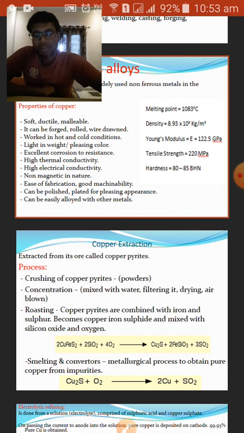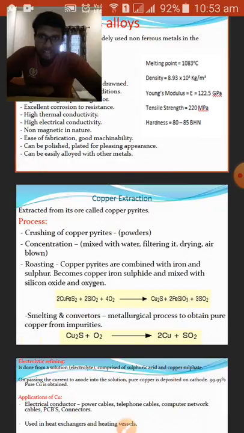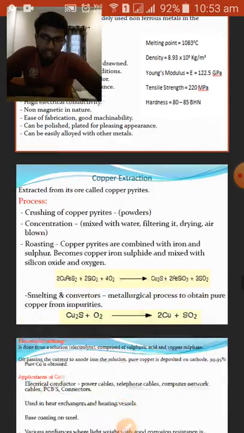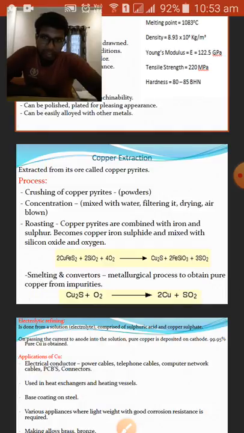And now let's discuss copper's extraction process. Generally, copper is extracted from an ore called copper pyrites. So what is the process of extraction of copper? First, the copper pyrites present in the earth's crust are taken and crushed into powder form.